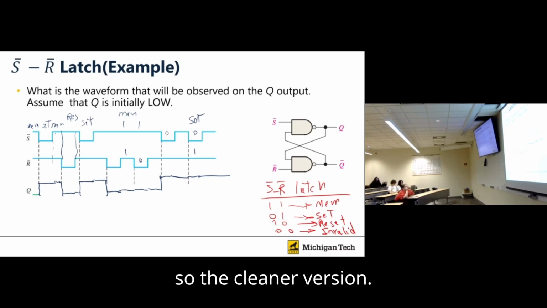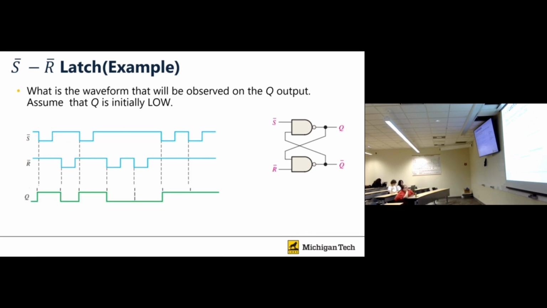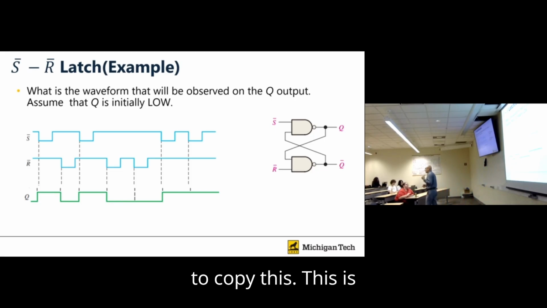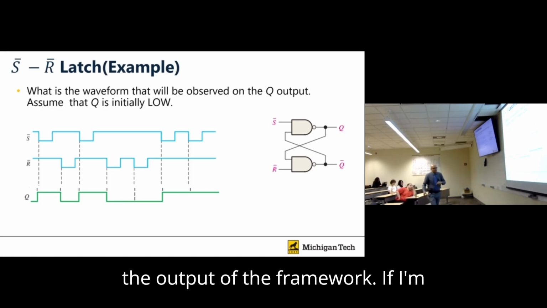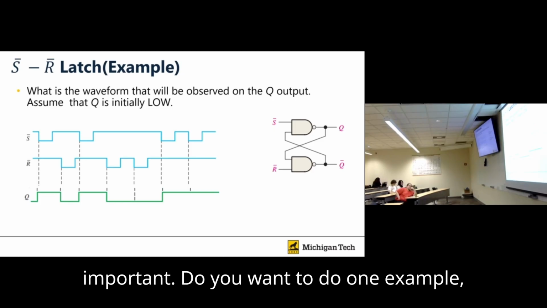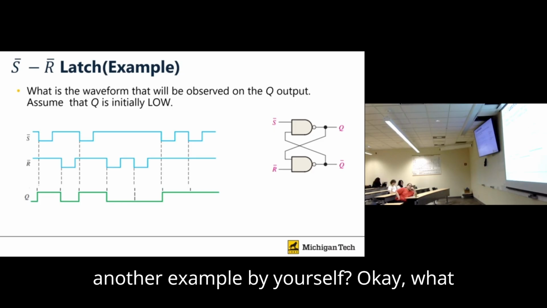Good. Okay, so the cleaner version is this. You need to be able to compute this. This is the output of the latch. So that's important. Do you want to do one more example by yourself?